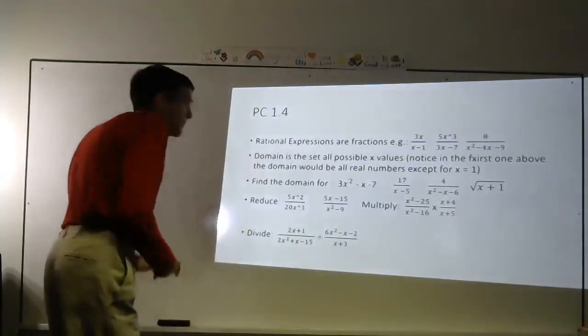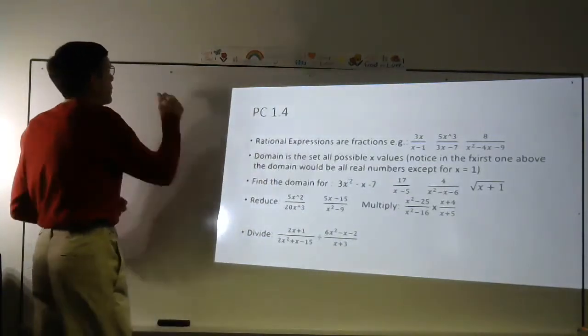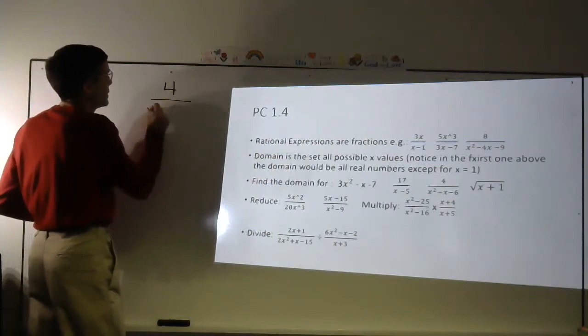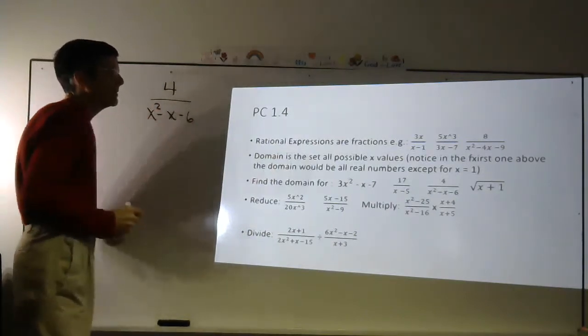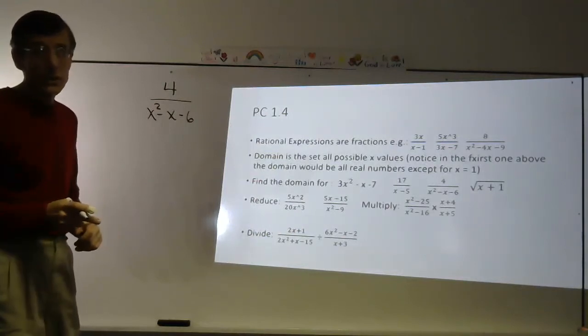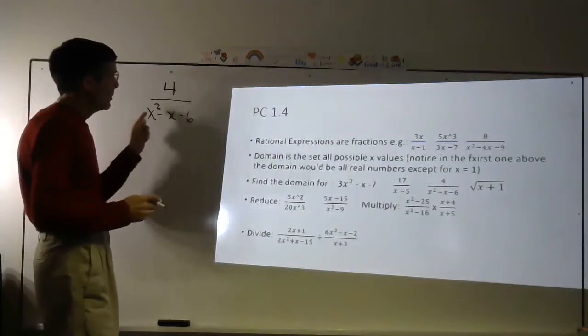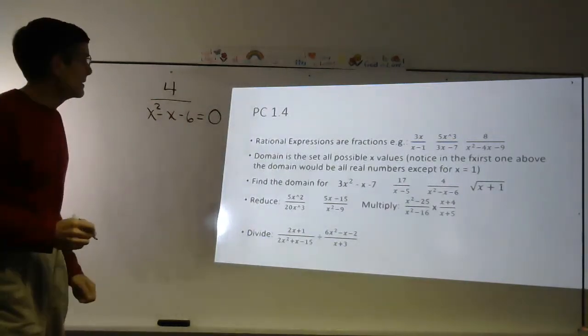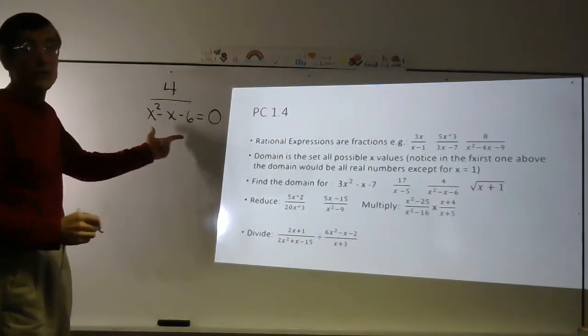What about this one? All right, let's talk about this one. This is 4 over x squared minus x minus 6. Now, I'm getting ahead of myself a little bit because in the next lesson, I think we're going to be solving equations. We need to know, can the bottom of this fraction ever equal 0? Well, we need to factor this.